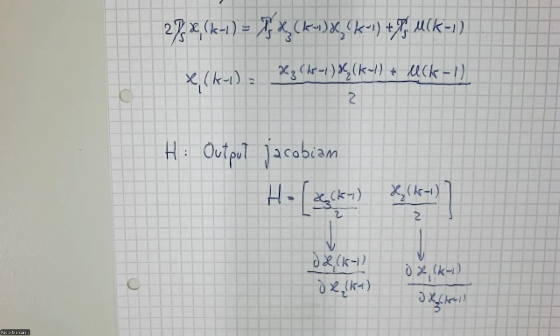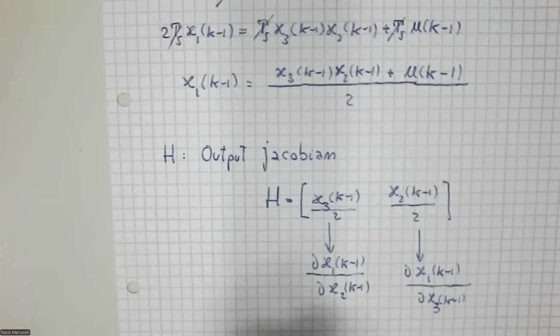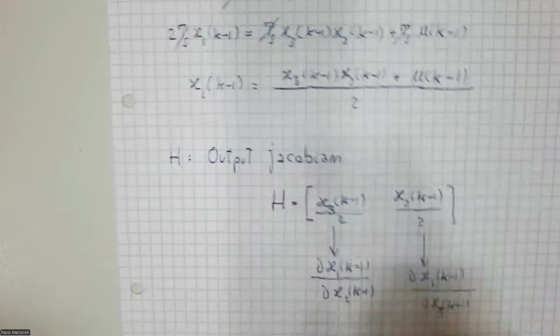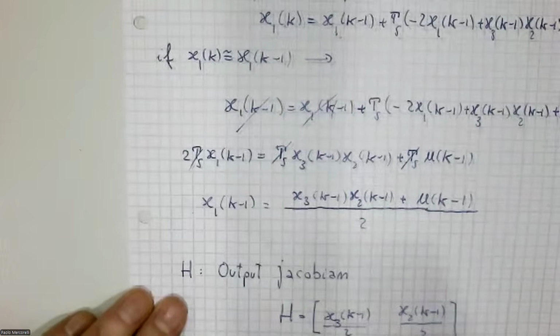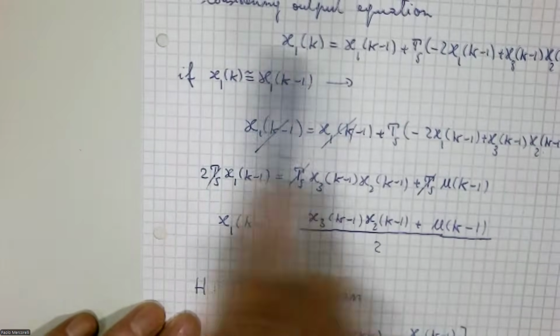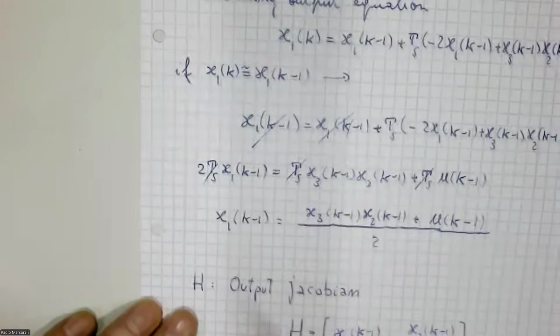And the output depends on states, of course. It's something which does not change dynamically, because otherwise it is not an output. What is the state? This means this form here is the standard one, but in order to obtain the standard one, I have to consider a possible approximation. Why that?